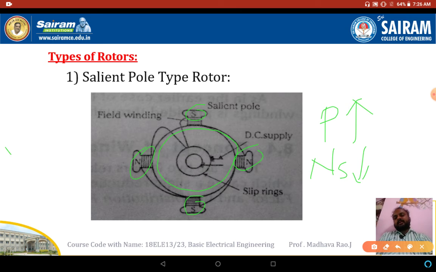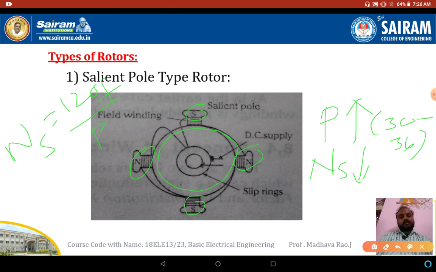Here we know that Ns is equal to 120 F by P, right? According to that formula, when the number of poles increases, the synchronous speed will decrease. This type of rotor has 30 to 36 poles, and rotates at 50 to 500 RPM speed, right?